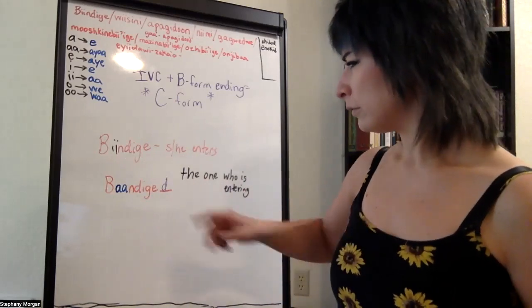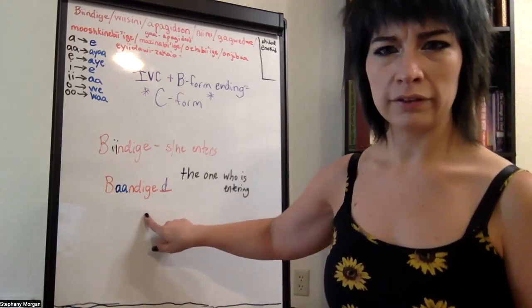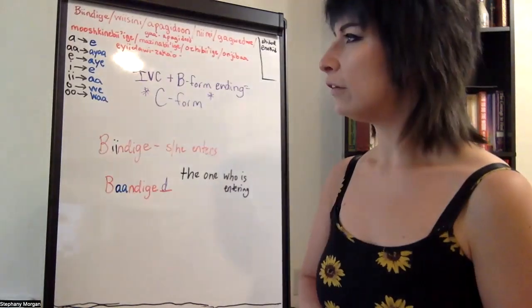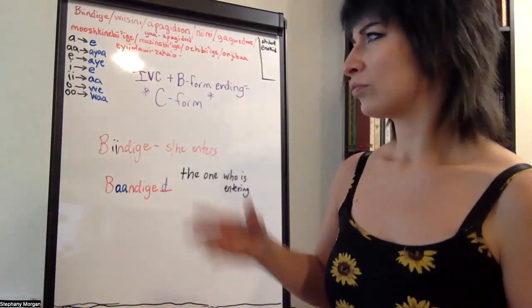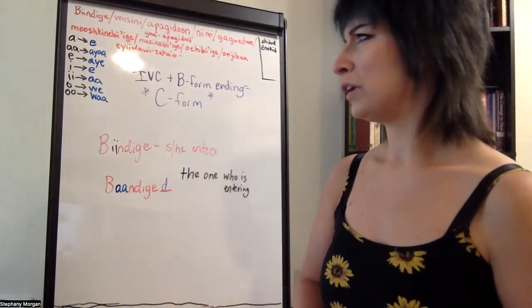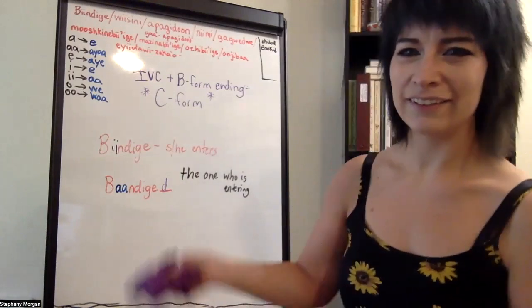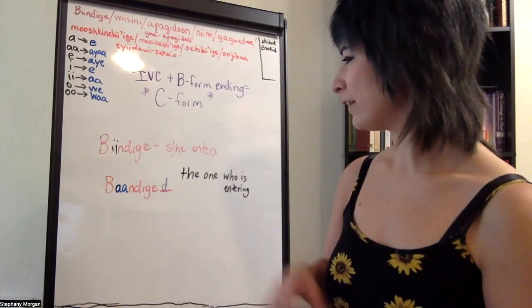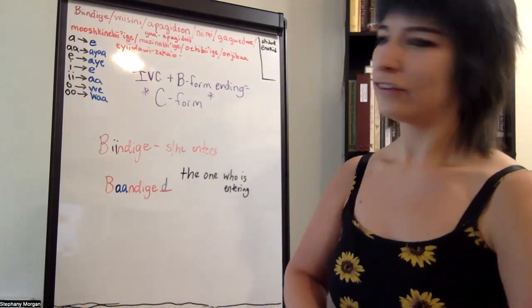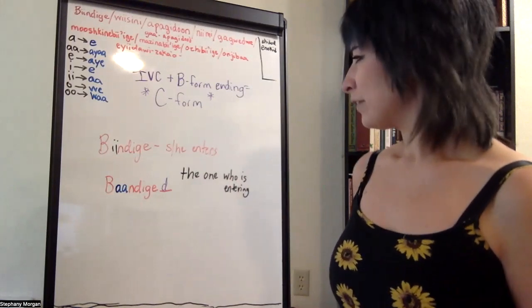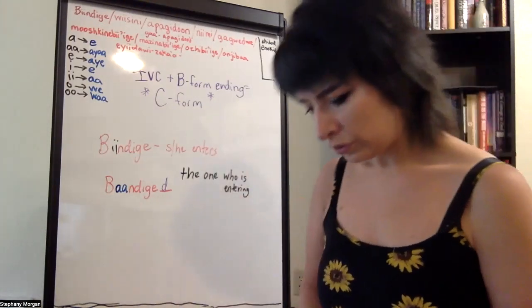And they'd say, "Oh, Bondigate, the one that is entering, the one that's coming in right now." You could say, "Oh, that's Fred. He's the one coming in. Fred Bondigate. He is the one who is entering." So that's where this form comes in. It's kind of a way to answer those who questions.